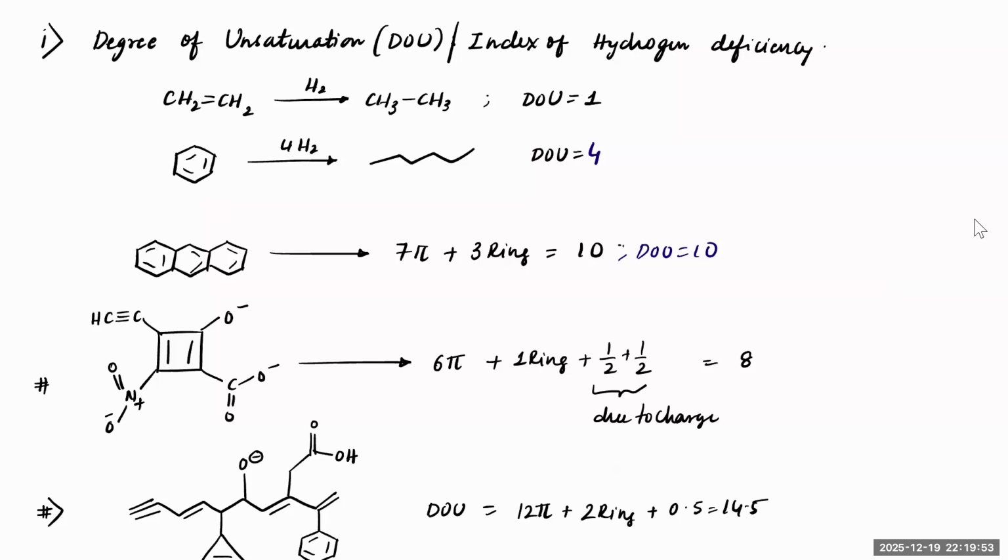I told you that degree of unsaturation, or index of hydrogen deficiency, tries to give a point of view on how many hydrogens are required to make unsaturated bonds into saturated bonds. For instance, if you have one pi bond, it implies that I require one hydrogen.